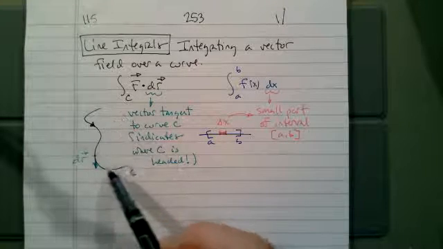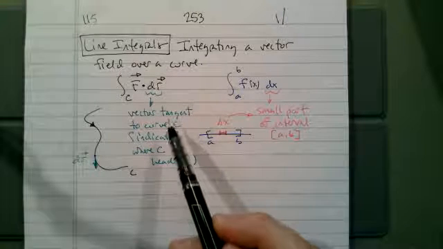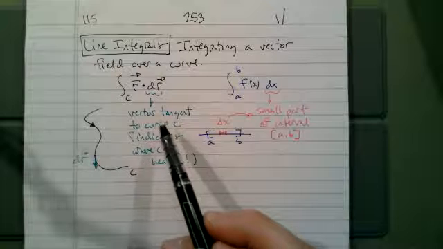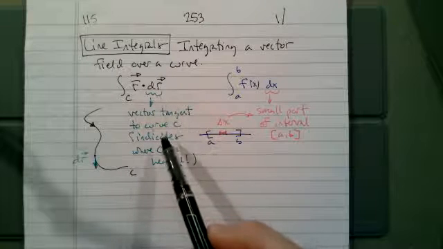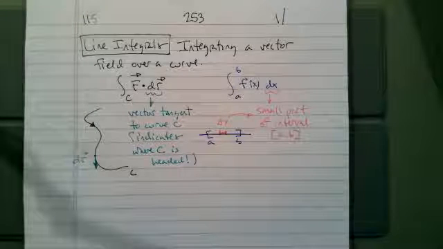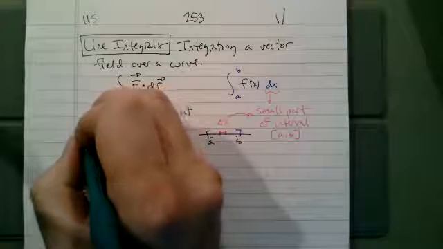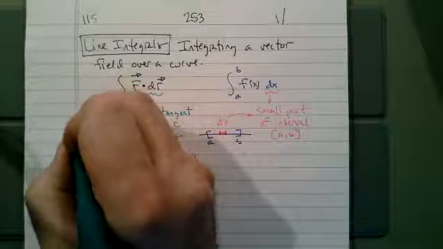We're going to break the curve into a bunch of directions, little signposts, dr, telling us which direction the curve is going. So the dr is a vector tangent to the curve c, and it's saying where the c is going. So we have all these different drs. At this point, dr is pointing, let's say, that way.